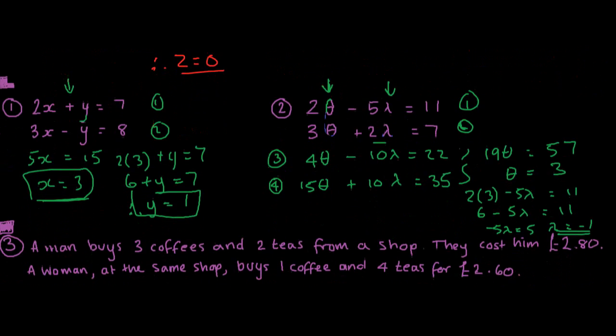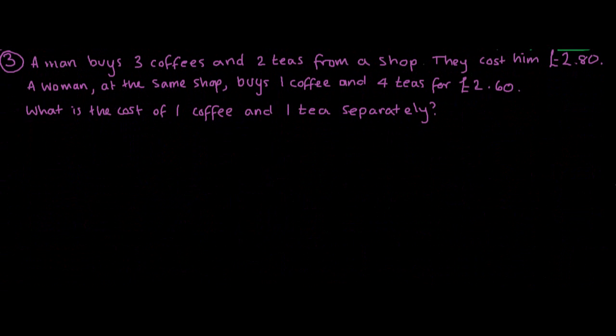Okay, that's that. Now a different type of question is this wordy type of question. So we've got a man buys 3 coffees and 2 teas from a shop and they cost him £2.80. A woman at the same shop buys 1 coffee and 4 teas for £2.60. And what is the cost of 1 coffee and 1 tea? So we just have to express this in an ordinary simultaneous equation manner.